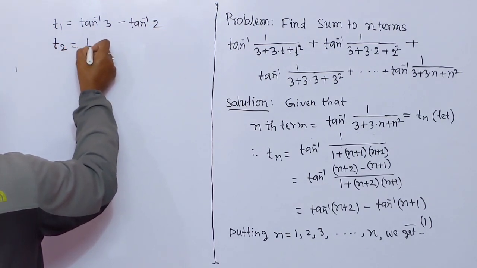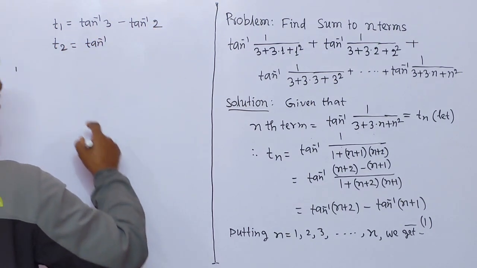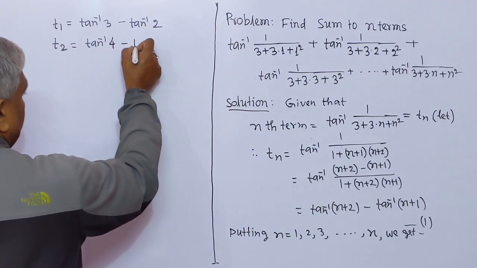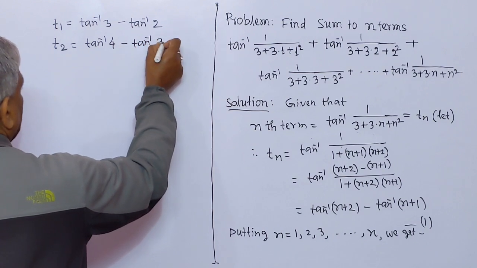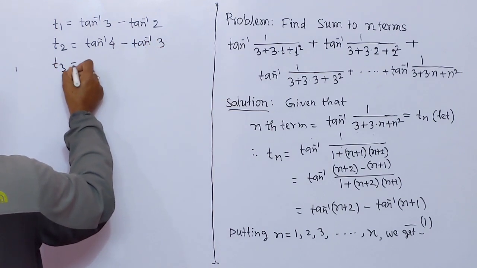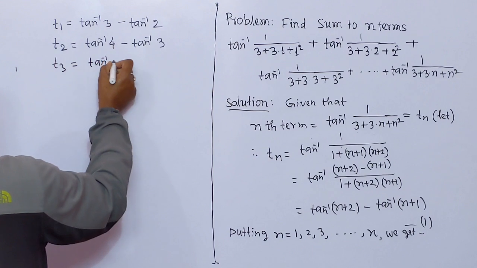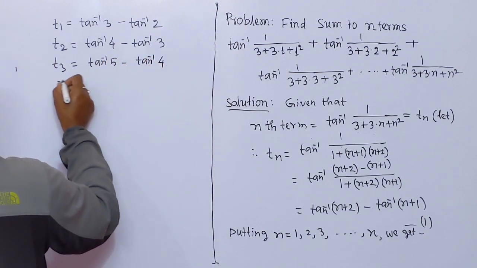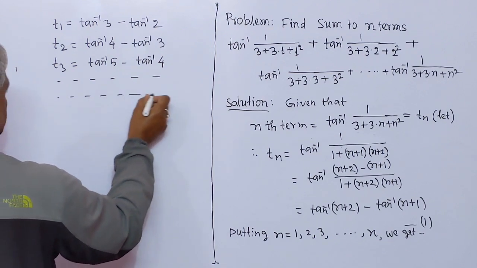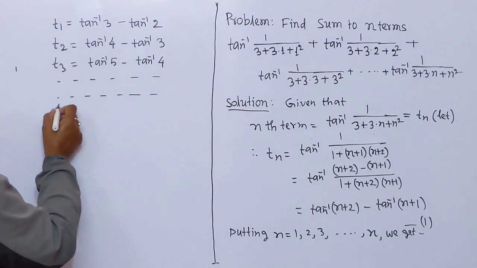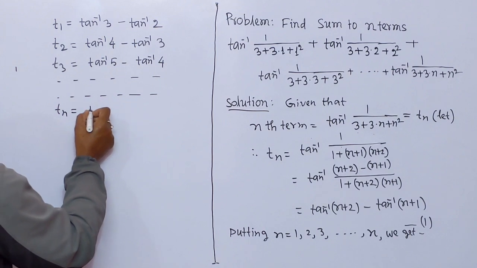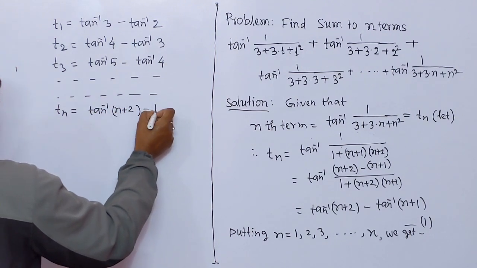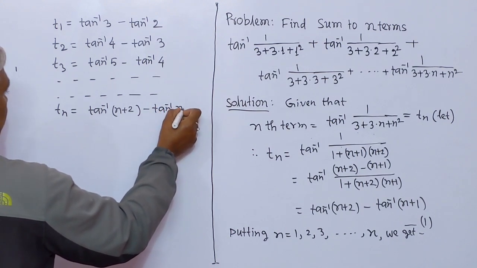T2 equal to tan inverse, n equal to 2, 2 plus 2, 4, minus tan inverse 3. T3 equal to tan inverse 5 minus tan inverse 4. Tn equal to tan inverse (n plus 2) minus tan inverse (n plus 1).